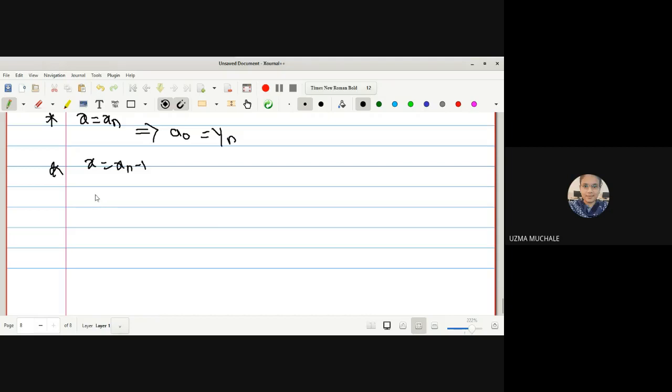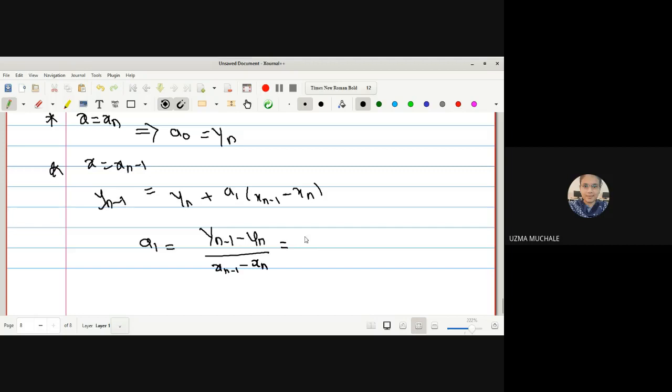So it will be yn minus 1 is equal to a naught, already found yn, plus a1 into xn minus 1 minus xn. The next term will be 0. Nothing will come in the next term, it will be 0. So a1 is equal to yn minus 1 minus yn divided by xn minus 1 minus xn.